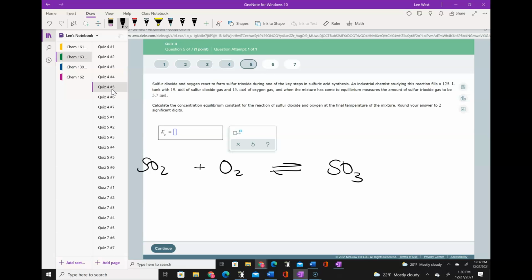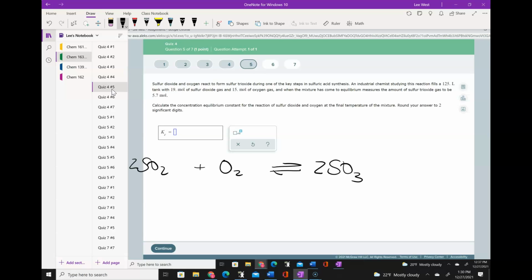Okay, so we got to get this guy to balance, and they don't at the moment because we have 4 oxygens on the left and only 3 on the right. So if I put 2 of those there and 2 of those there, then it all works out, right? So 2 sulfurs, 2 times 2, that's 4, plus another 2, that's 6 oxygens. 2 times 3, that's 6 oxygens. So that's good.